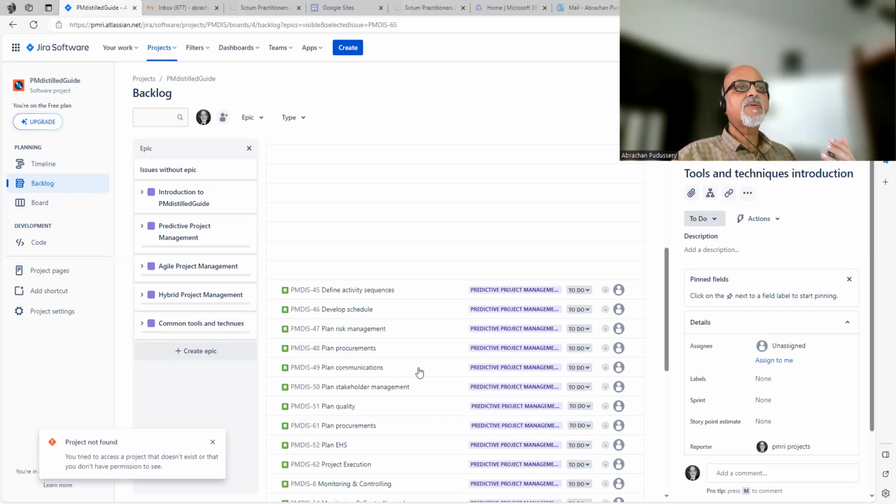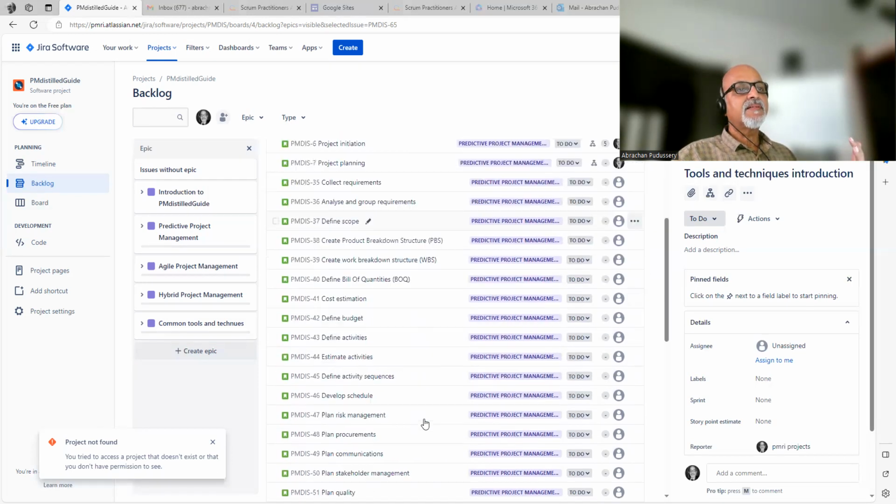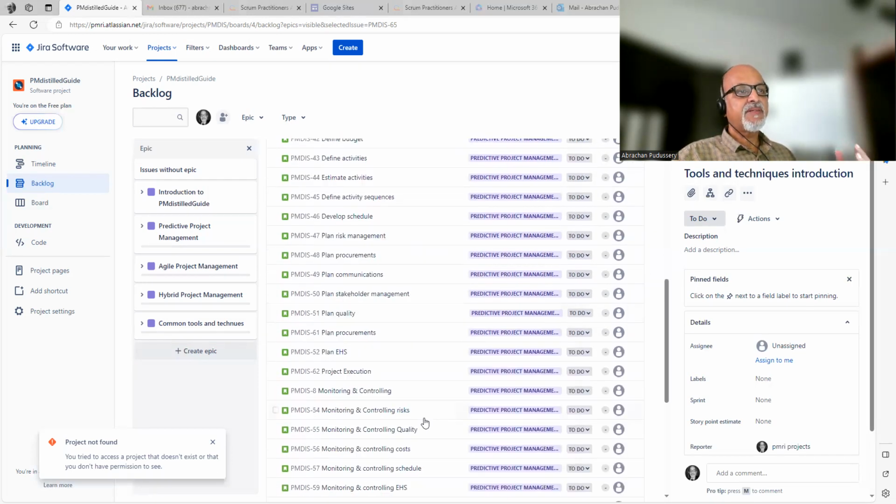So if you see this, some of the stories we have even estimated and assigned to people. Some are still at epic level. Some are yet to be estimated. And sometimes, if it's a major story, we slice it and break it into smaller stories.